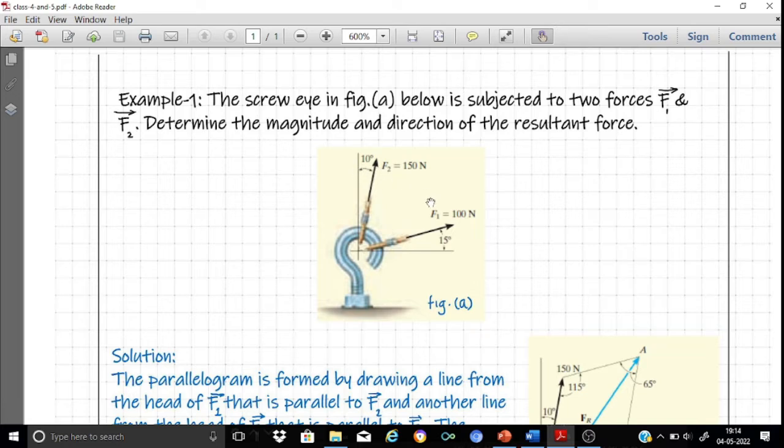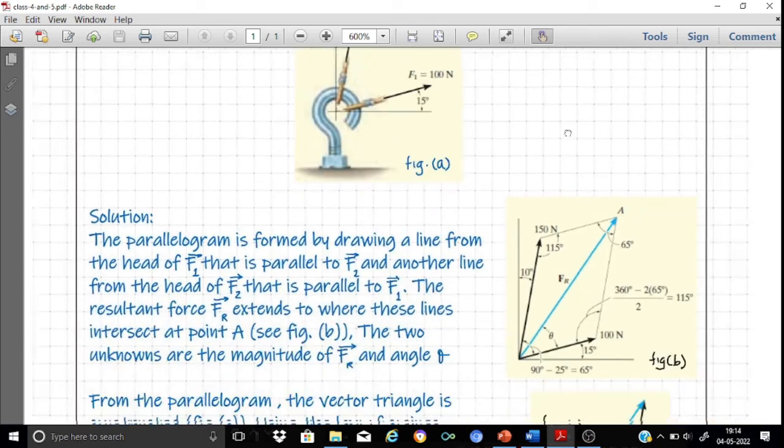It means that F1 and F2 are defined completely in terms of magnitude and direction. So we can straight away go for the construction of the parallelogram and apply the parallelogram law, and from it we can also construct the vector triangle and apply the law of cosines as well as the sines in order to find the magnitude as well as the direction of the resultant force.